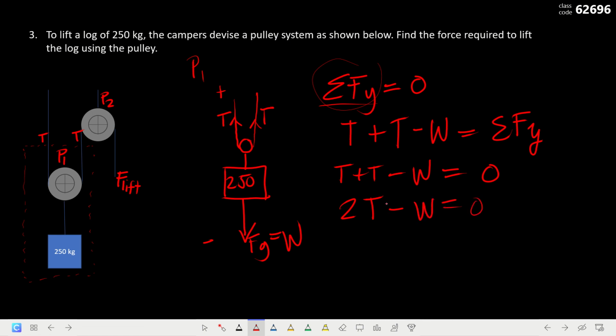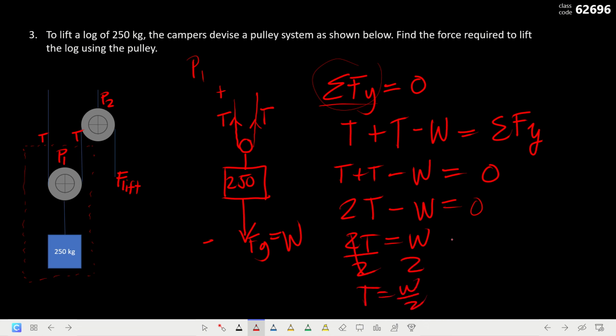To solve for T, we need to isolate our tension force on one side, and everything that is not tension must go to the other side. To do that, transpose W to the other side of the equation, so that we have 2T equal to W. Divide both sides by 2 to eliminate the 2. So, tension is equal to W over 2.